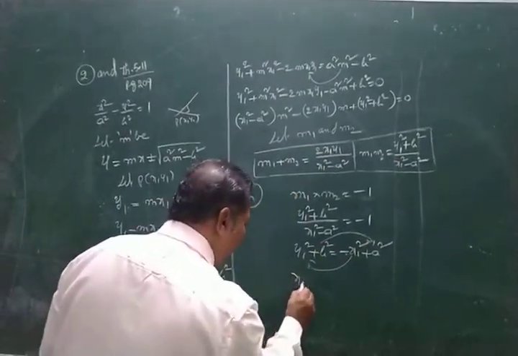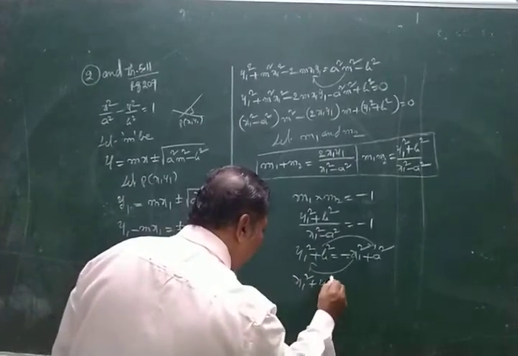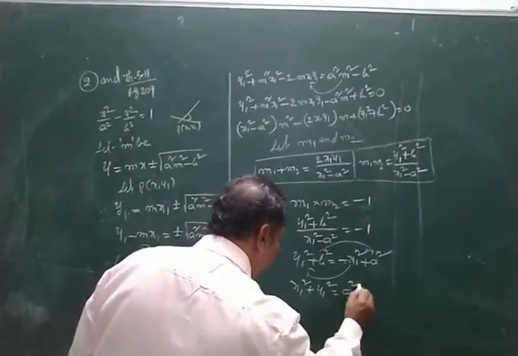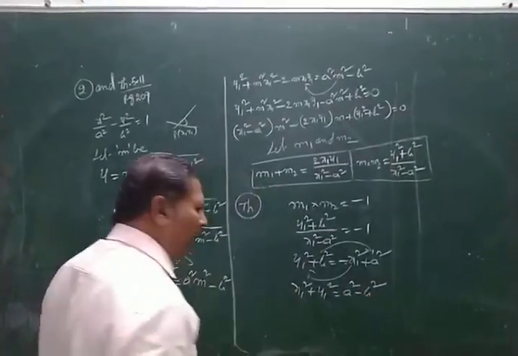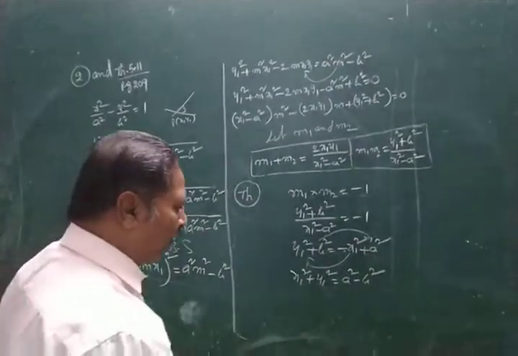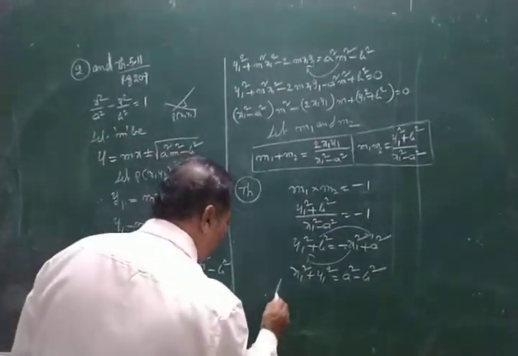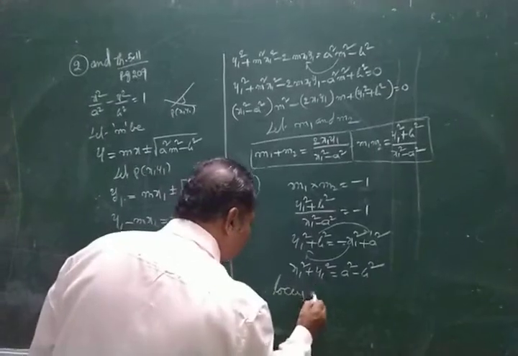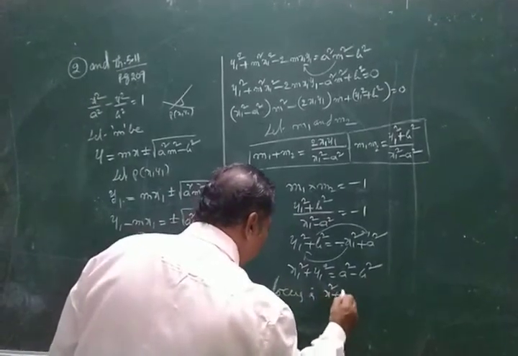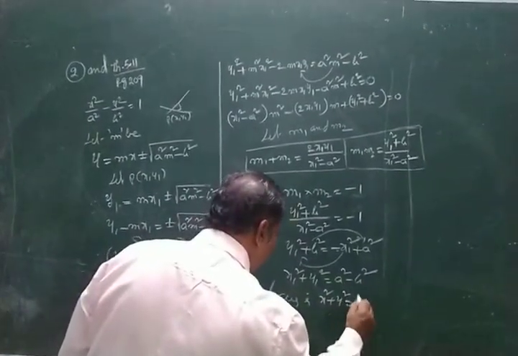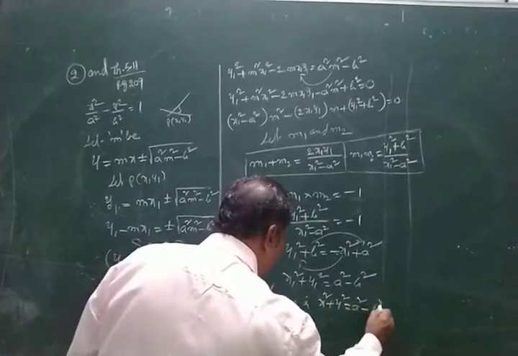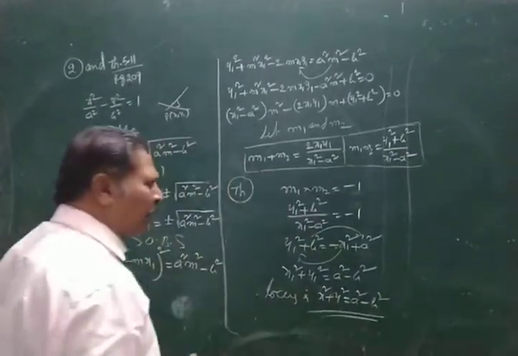So x1 square plus y1 square equal to a square minus b square. Therefore, locus is x square plus y square equal to a square minus b square.